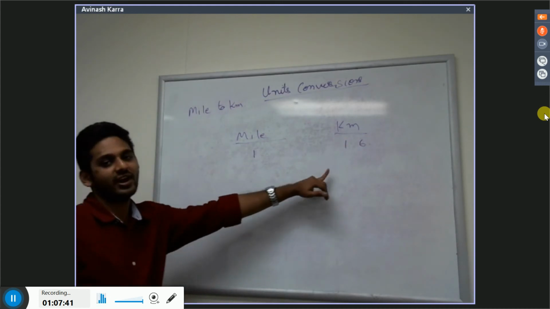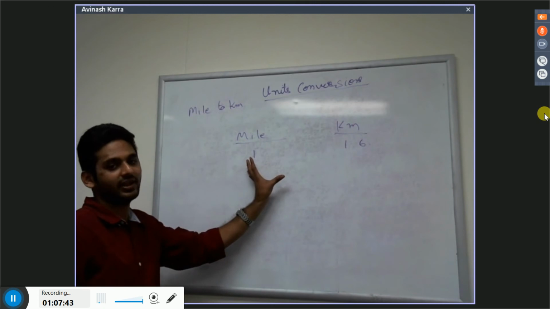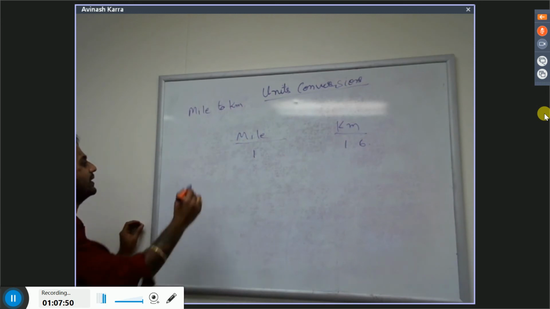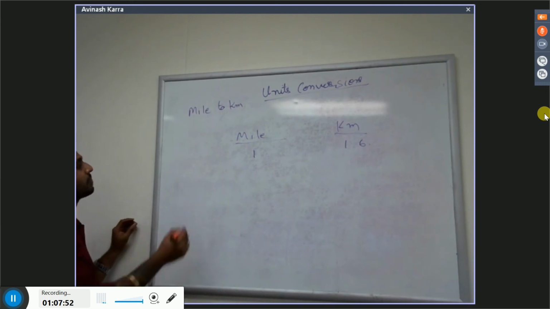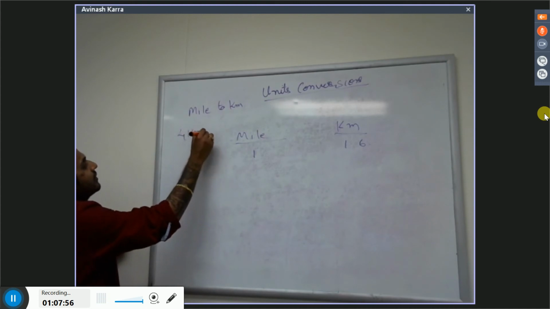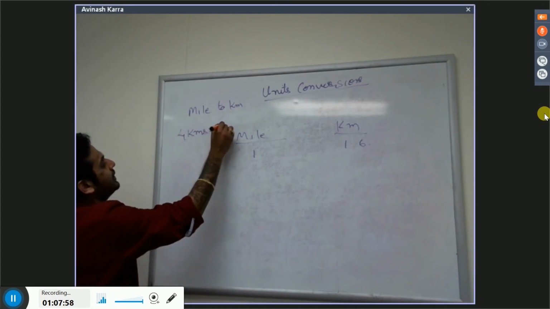Once you know the standard value, it is easy to find how many miles or how many kilometers it might be. For example, if you ask 4 kilometers is equal to how many miles?